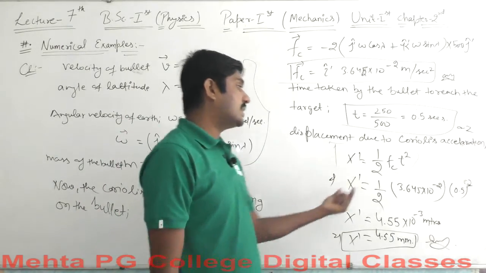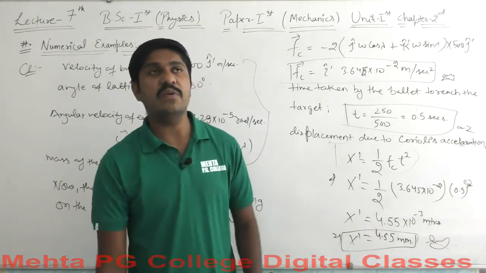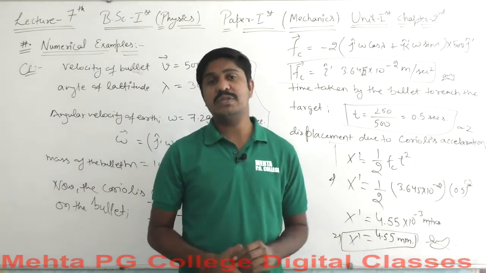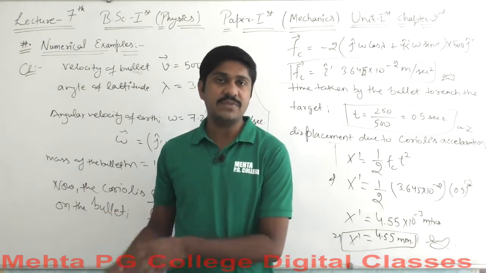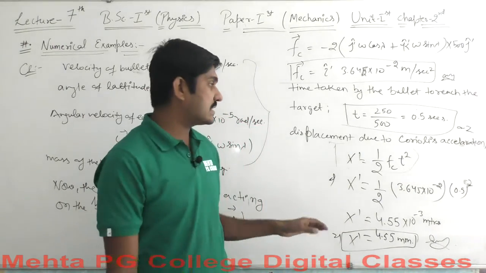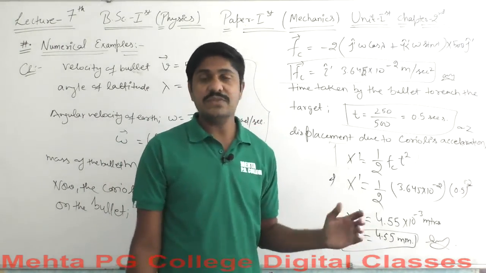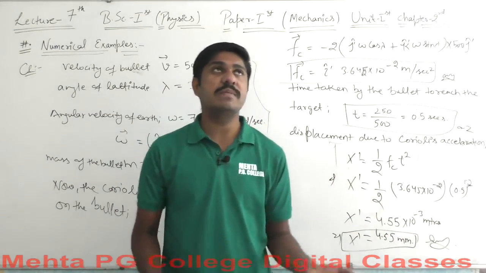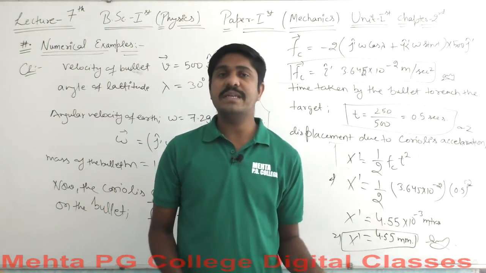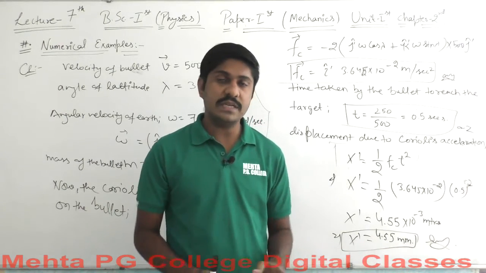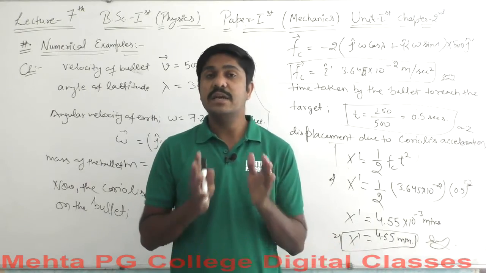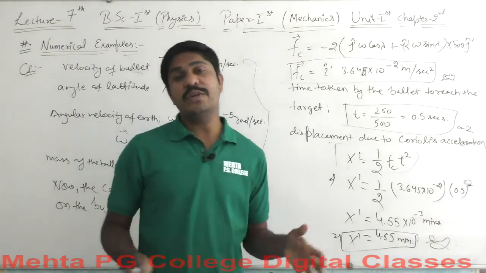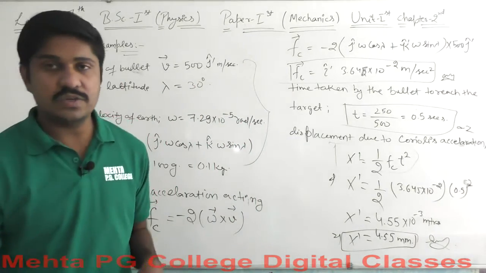If you wish to know how this formula, x dash equal to half FC t square, came about, I suggest that you please check out lecture 5th or lecture 4th, in which we have discussed these things briefly in detail. Those lectures are about 50 minutes or 1 hour, and in them these things are discussed in detail, so that you do not go through complications or doubts.